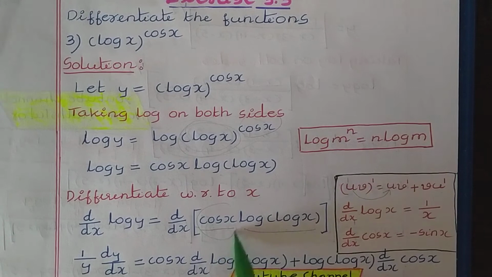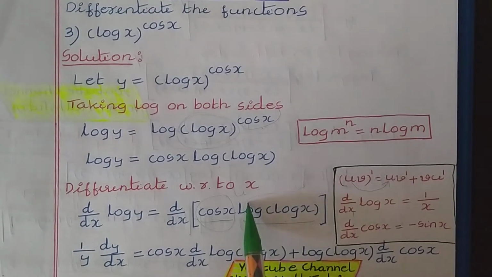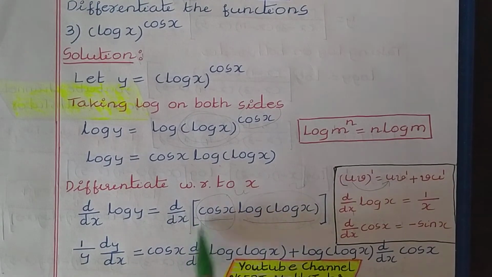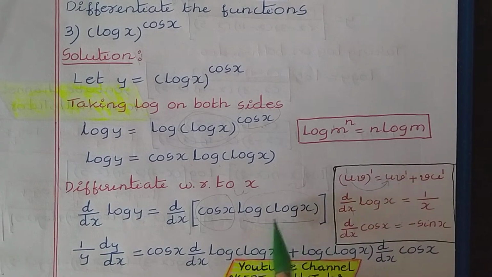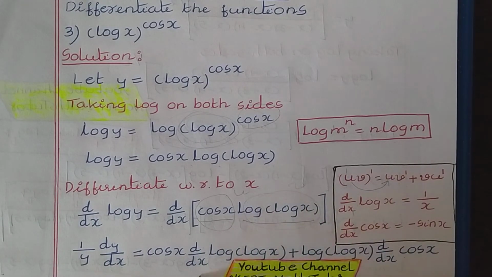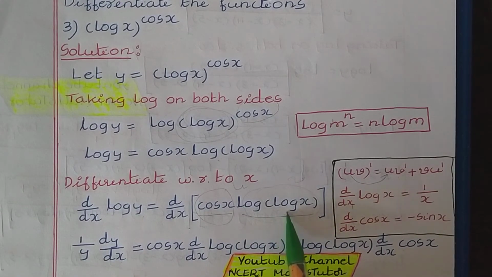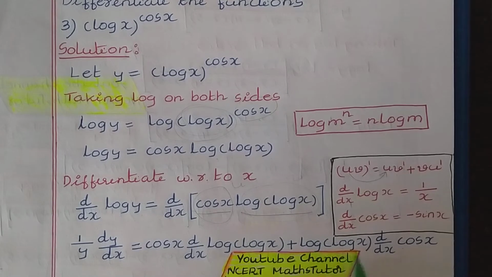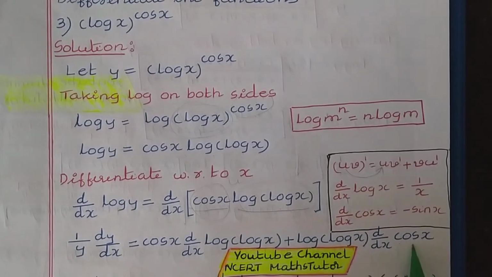Here we can take this as first function u and this as second function v. So after applying the product rule, cos x, first function we write as it is, derivative of the second function, so d by dx of log(log x), plus write the second function as it is, log(log x), d by dx of first function, that is cos x.